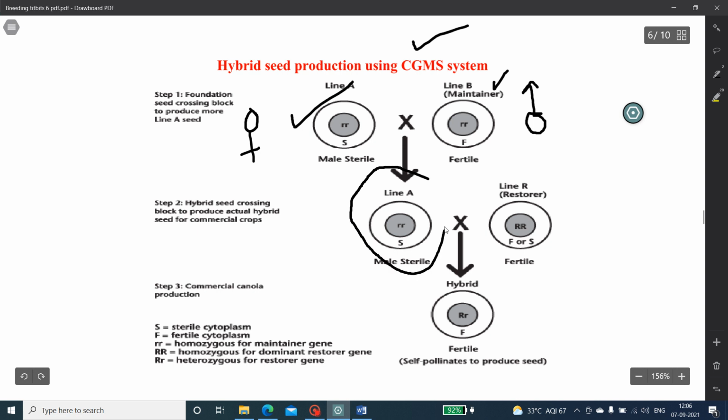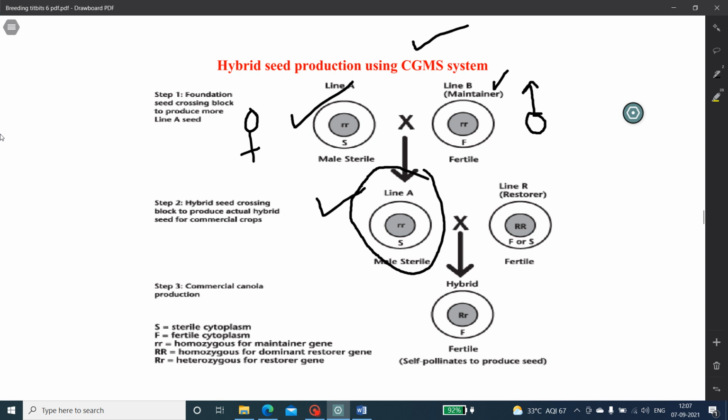you can get the male sterile line. Here make note that when compared to GMS, here it will give only sterile plants, whereas in GMS 50% is fertile and 50% is sterile, and the 50% fertile plants have to be removed, and the remaining sterile parent has to be crossed with the male fertile parent for production of hybrids.